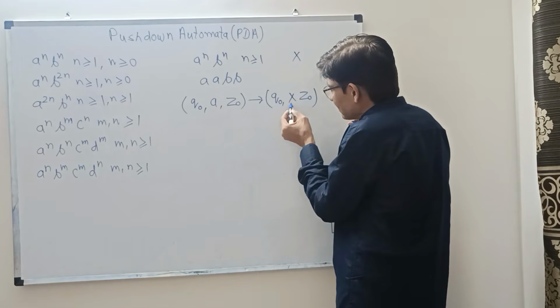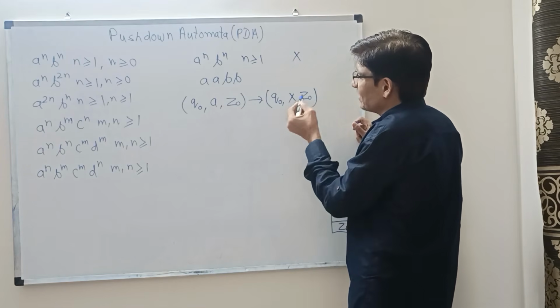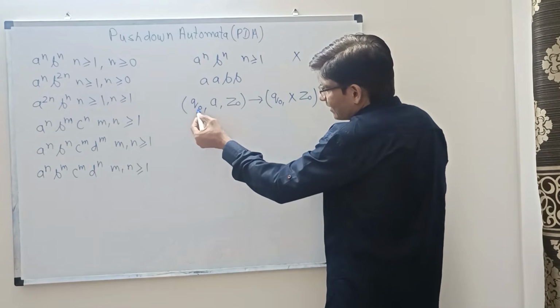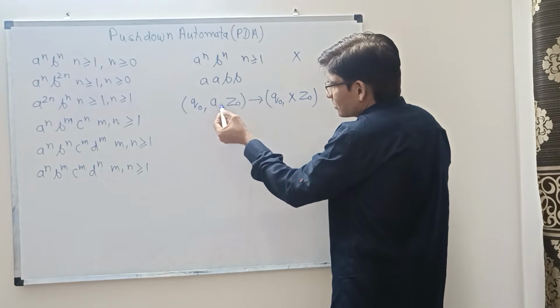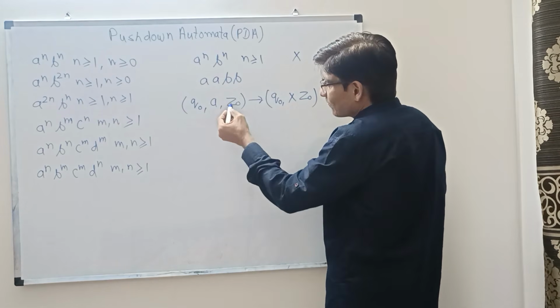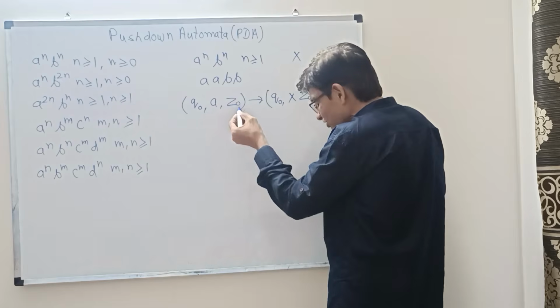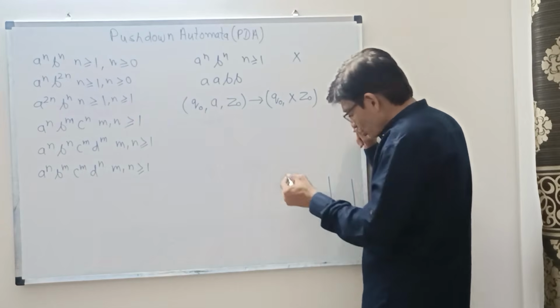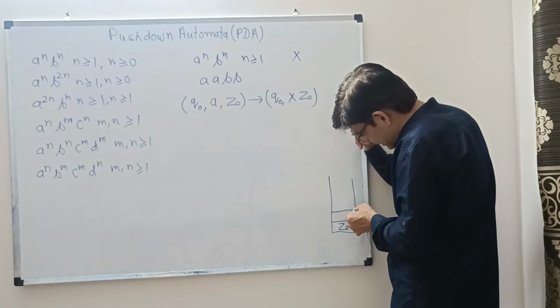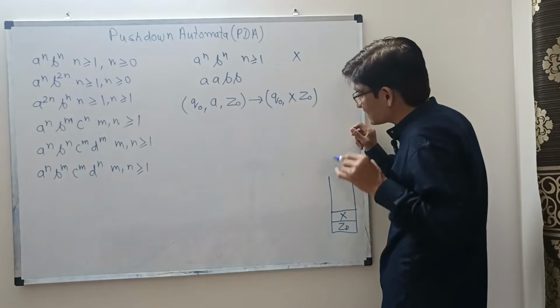So this is how you can mention it in a transition. Whenever we are reading a, we are pushing one X into the stack. So for the first a, Z0 will be on the top, and then we will push one X into the stack.